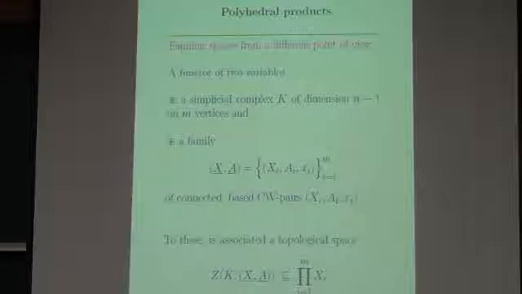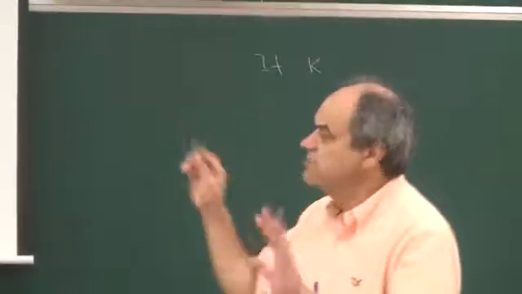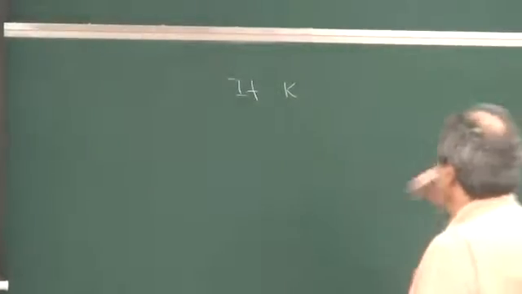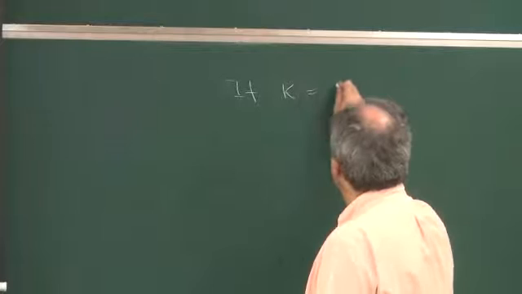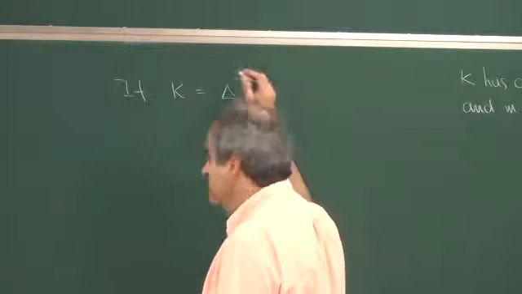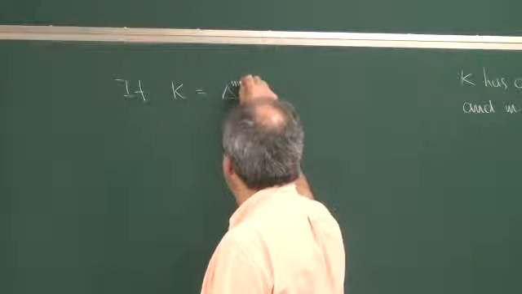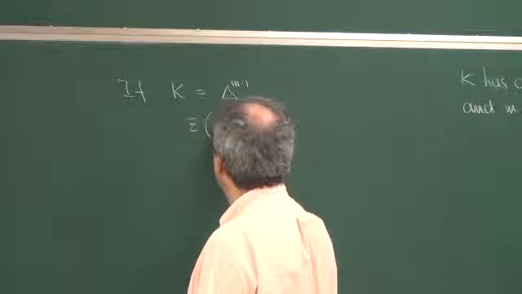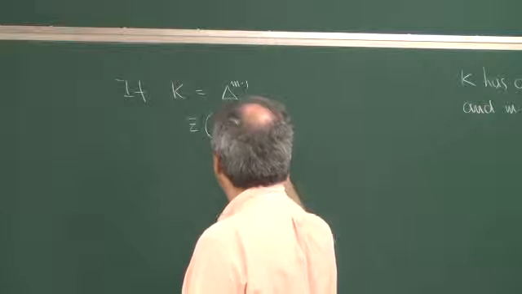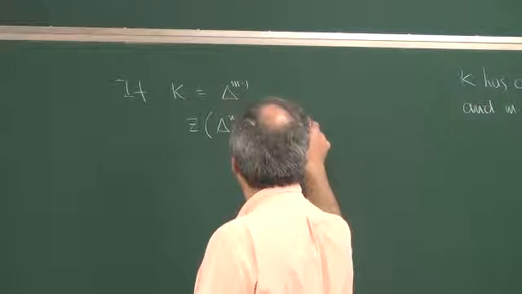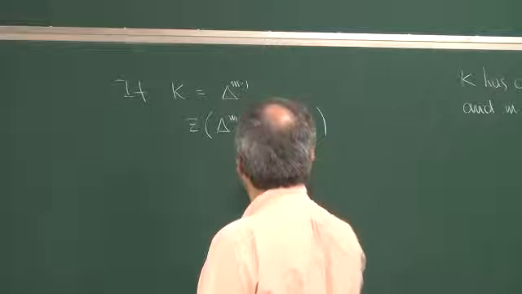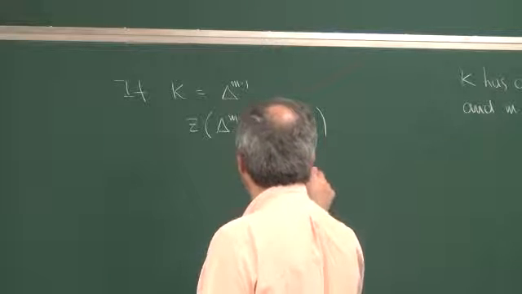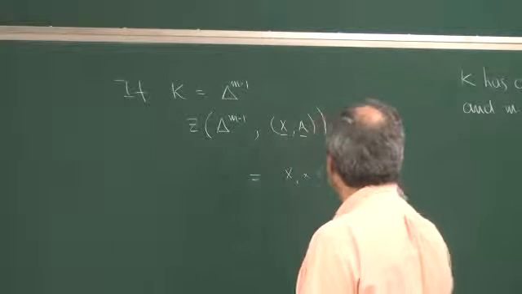Now, indeed, if K equals the simplex which has m vertices, then the polyhedral product, I hope I've indexed that correctly, is equal to the full product of the X's.